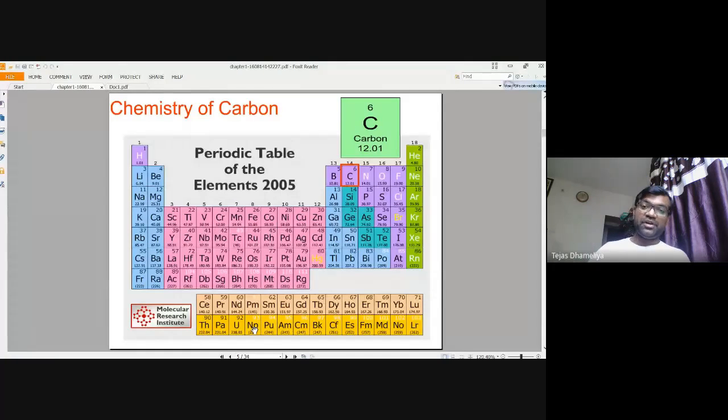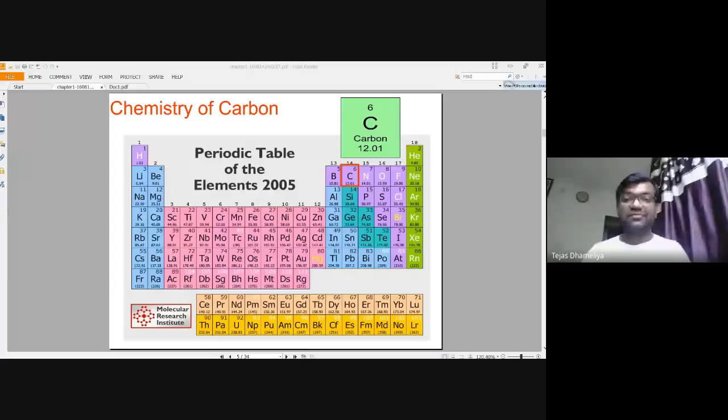And further, several elements may be present in the universe which are not discovered as of now, and may be discovered by scientists like someone of you in the future.